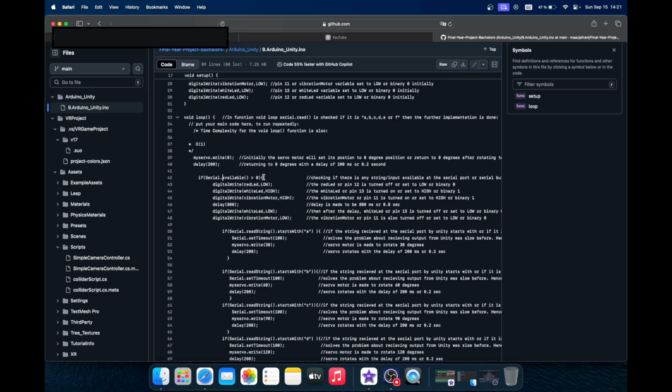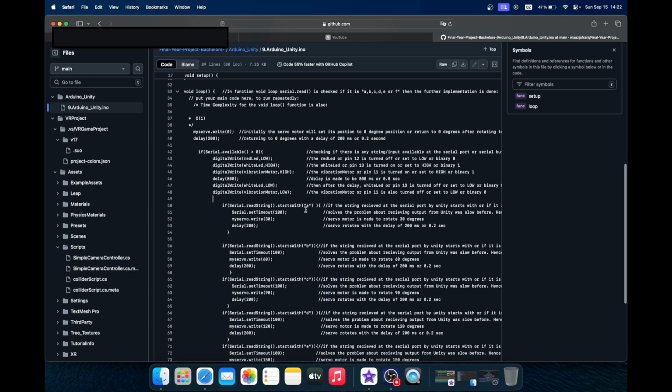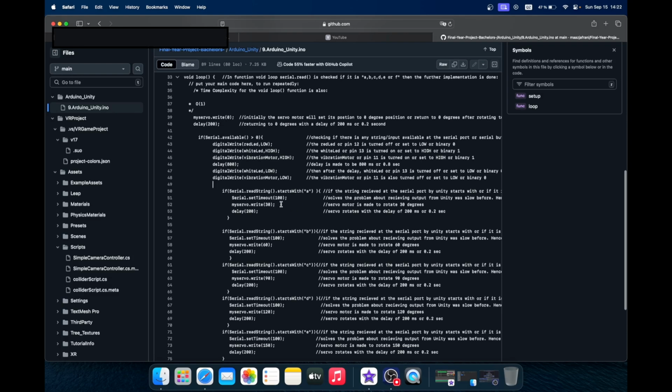That means if a character is received at the serial port, then it will perform these particular actions. If the serial read string starts with A, which means it received a character A, it will set a timeout and rotate the servo, as I mentioned before in the Unity code, by 30 degrees with a delay of 0.2 seconds or 200 milliseconds.